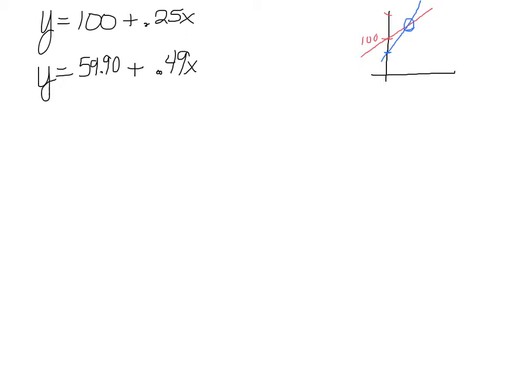So what you're going to do is substitution. Since this is what y is equal to, I'm going to plug it into y in my other equation. And basically what I end up doing is setting those two expenses equal to each other.